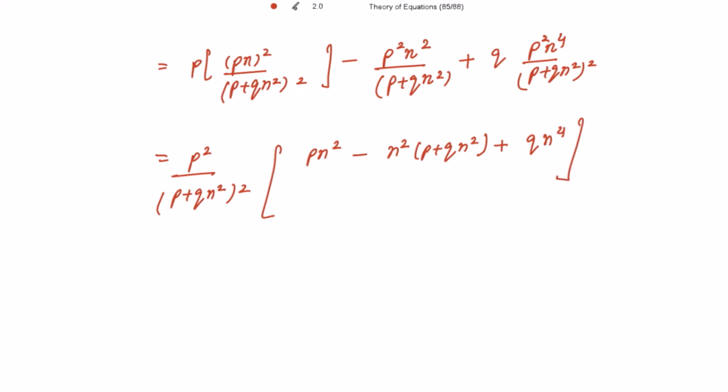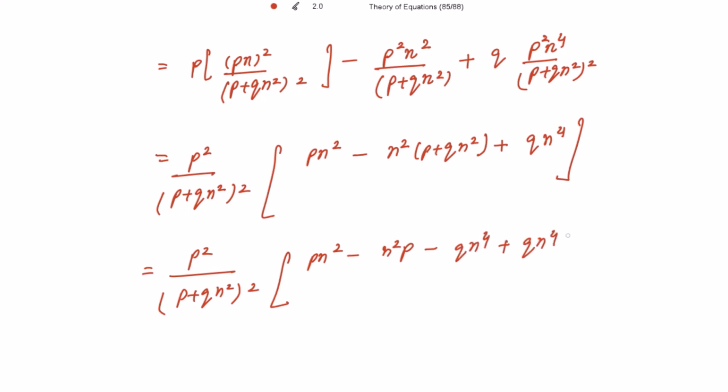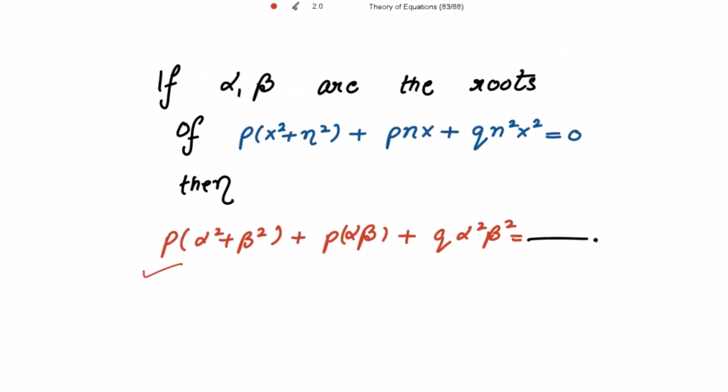Is it fine? Okay. So it is p square divided by (p + q n square) whole square, and we get p n square minus n square p minus q n to the power 4 plus q n to the power 4. So these two cancel out and also these two cancel out, so we get 0. So the required solution is 0.